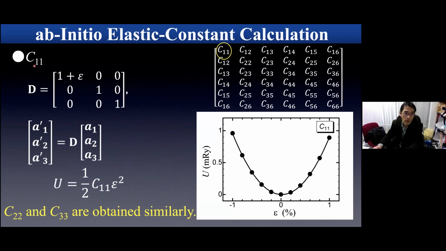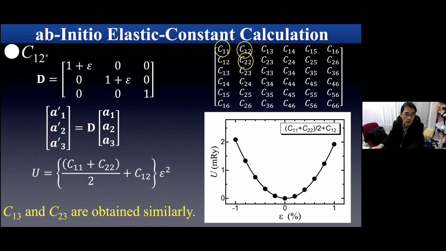For example, if we like to determine C11, then the deformation matrix takes this form, and the strain energy is given by this equation. By changing the strain from, in this case, -1% to +1%, and measuring the total energy, then by fitting this function to the result, we obtain C11 from the coefficient of the fitted function.